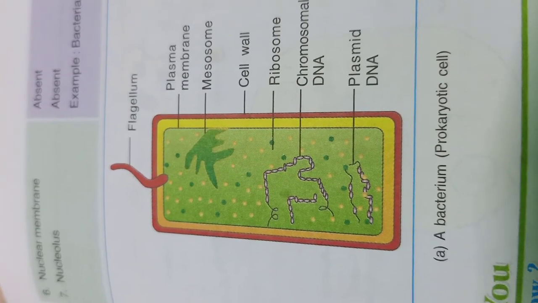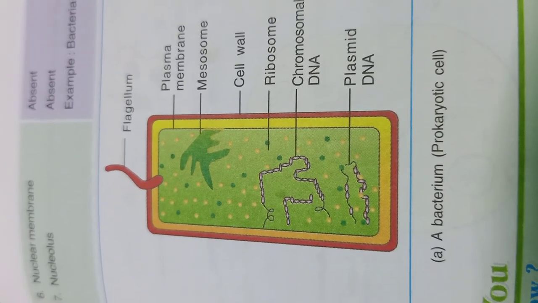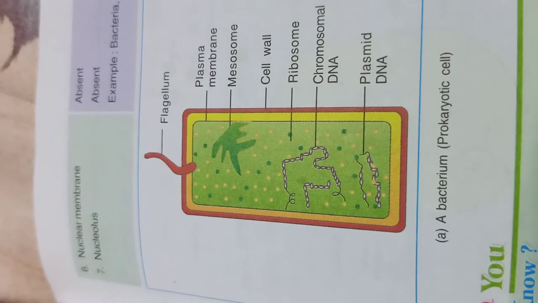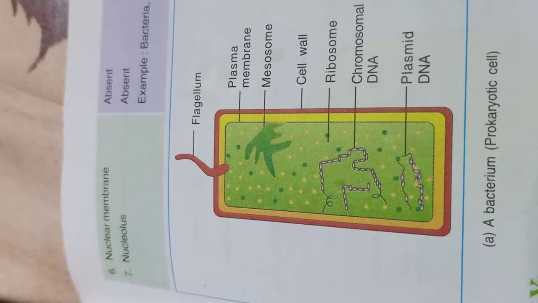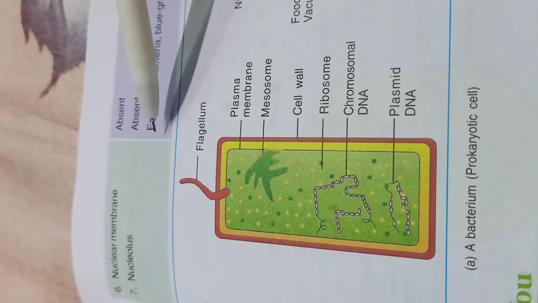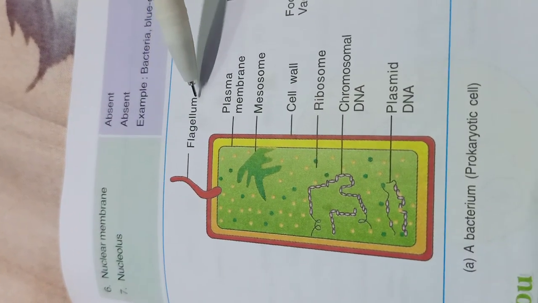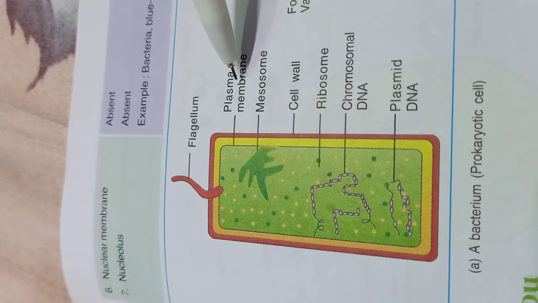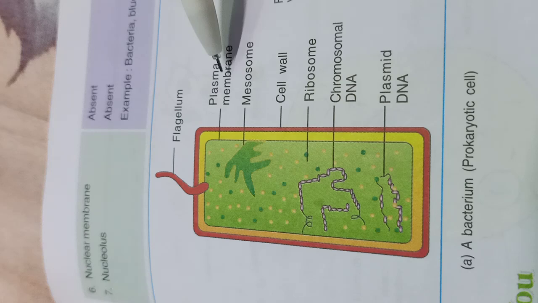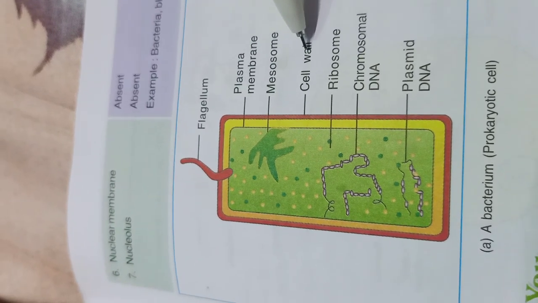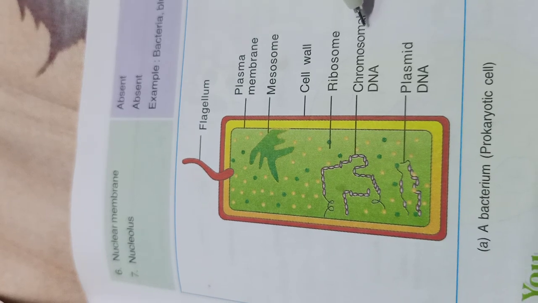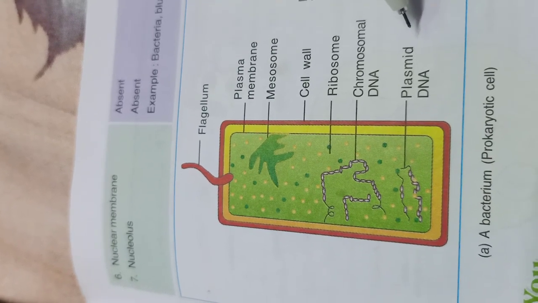See, this is the picture of a bacterium, and it's a prokaryotic cell. It has a tail, and this tail is known as flagellum. Then it has a plasma membrane, or what we also call the cell membrane. It contains certain organelles like mesosome, ribosome, chromosomal DNA and plasmid DNA.